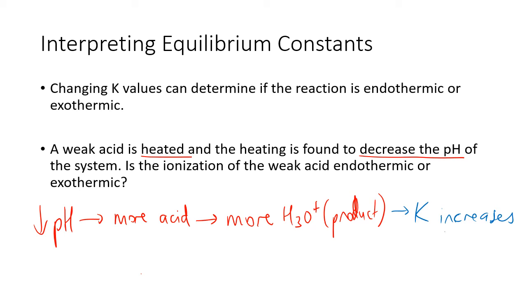Endothermic. Hopefully you've written that down from before. Endothermic. So K value increases, which means there's more products, which means that it's an endothermic reaction. Okay, so that's the principles of that.